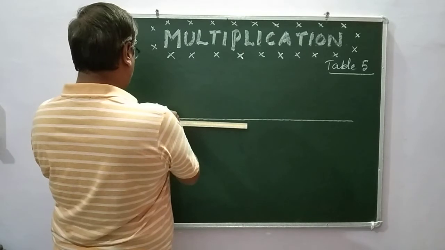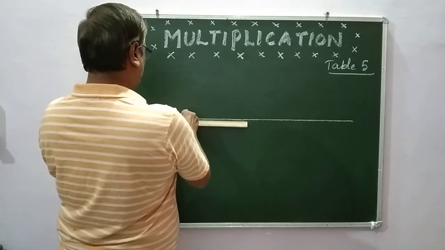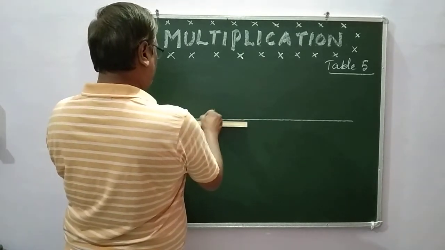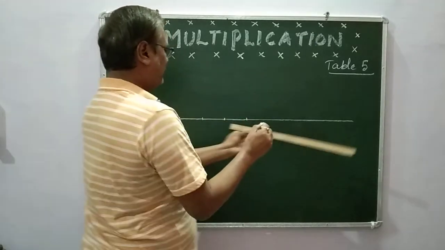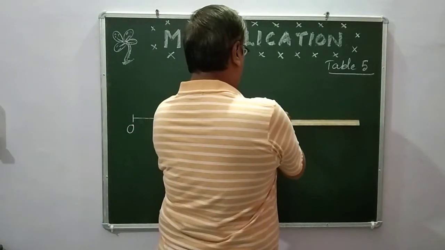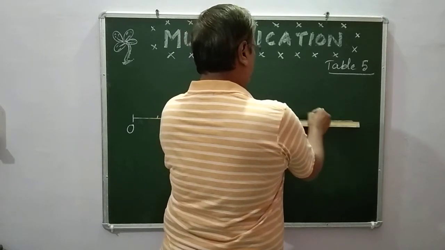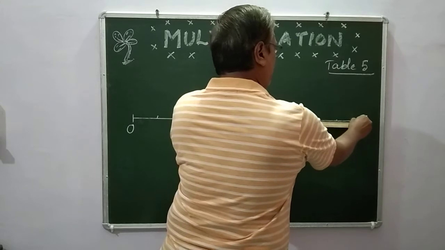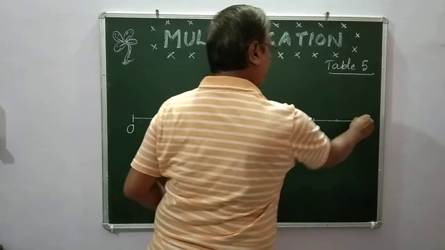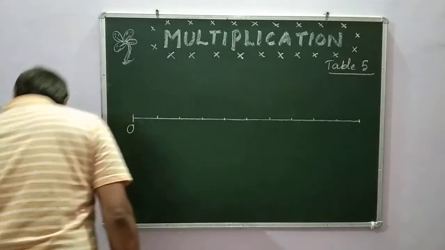Okay, now see 1, 2, 3, 4 and 5. I continue. 1, 2, 3, 4 and 5. Let me mark the numbers.